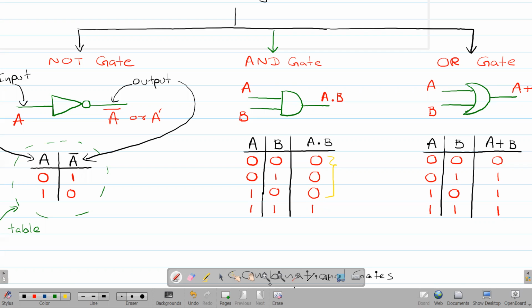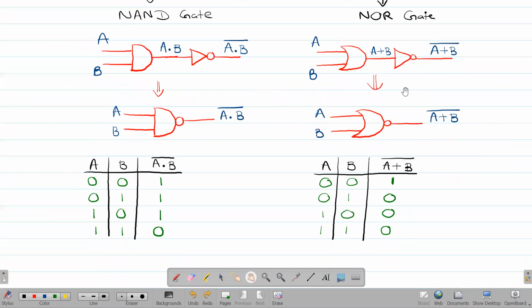The opposite happens with the OR gate. If you find at least one 1 inside the operation, your answer is going to become a 1. And that goes oppositely over here. So it's better you match. When you know the AND operation, you can easily derive the NAND operation. When you know the OR operation, you can easily get the NOR operation.